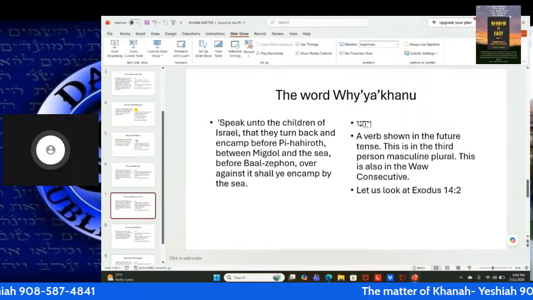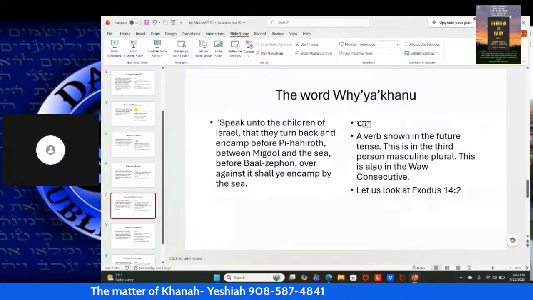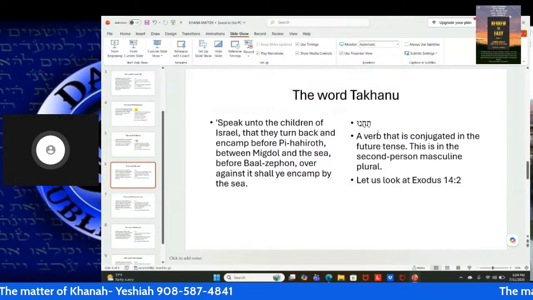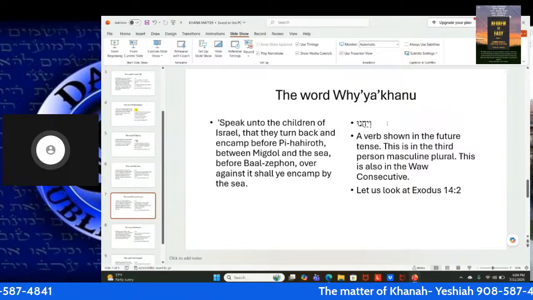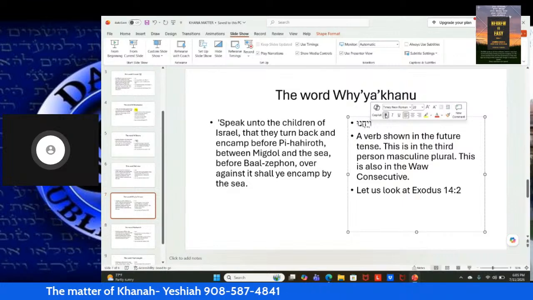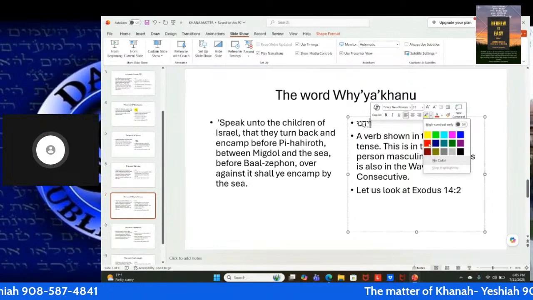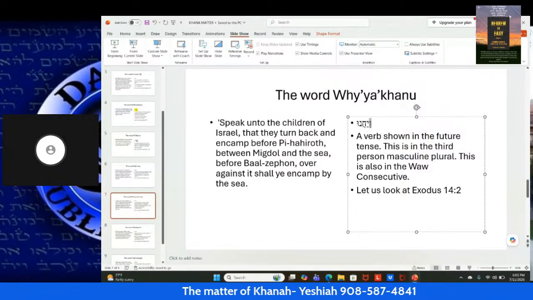This is also with the waw consecutive. Now, the word we went over before, Takhanu, which we see here, has no waw consecutive. This word, Wayakhanu, does have the waw as a prefix in this particular case. Bold, not bold. Bold, not bold. If we see it dropped in color in the red, I want to do that if we will.